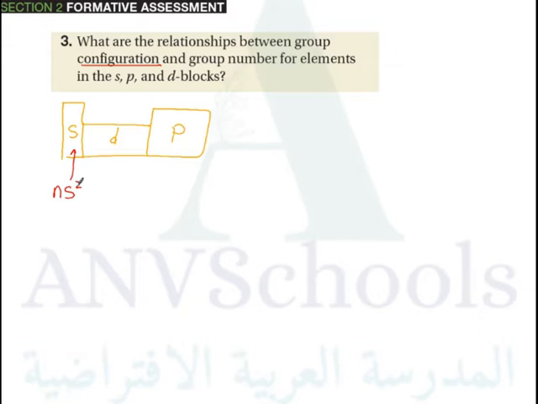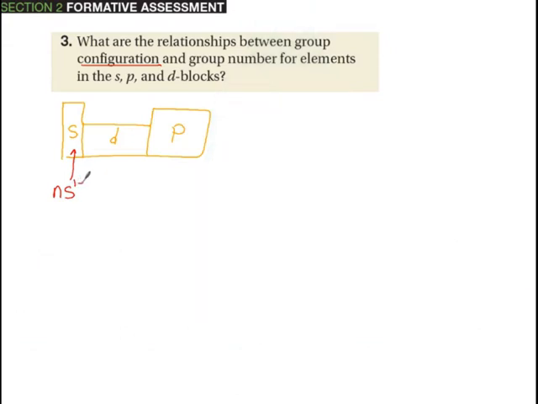It can be one electron or two electrons, so NS1 up to 2. If we split this into group 1 and group 2, one ends with NS1 and the other ends with NS2, which means S block.